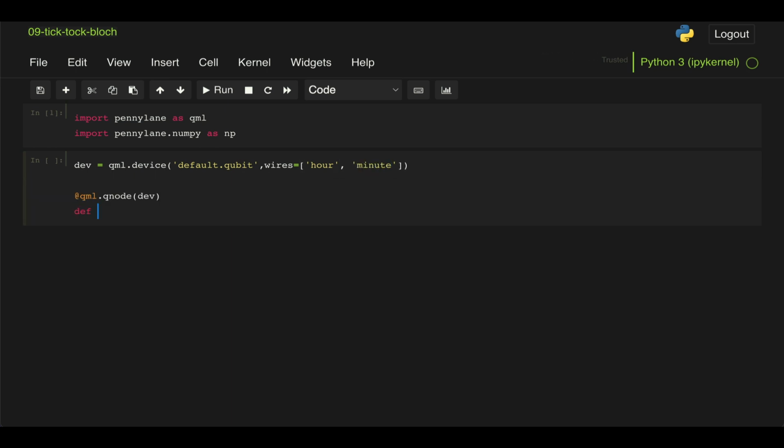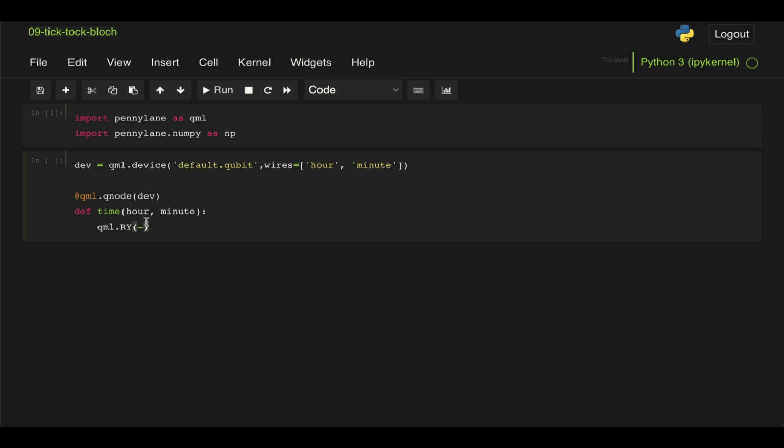And we're going to define our function, call it time, which is going to take the hour and the minute. So all we need to do is really implement an RY gate that is going to, as we said, rotate clockwise, which will mean applying a negative angle, so around the y-axis.